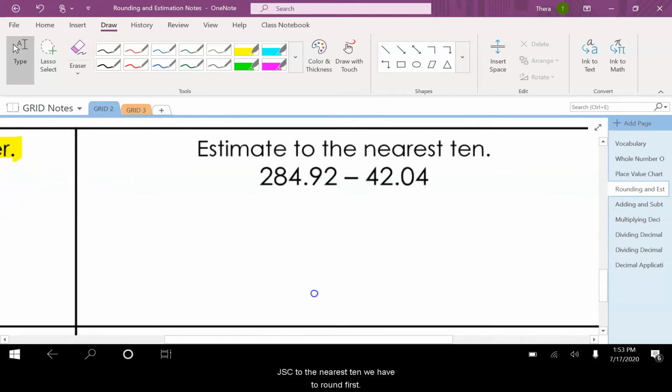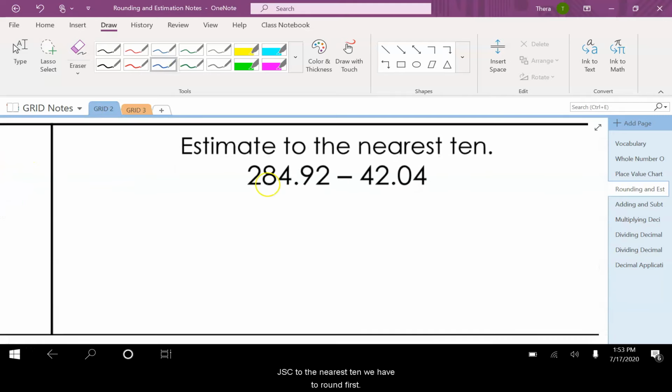Okay, estimate to the nearest 10. We have to round first. We're finding the digits in our 10 place, highlighting the digits next to it on the right. This 4 tells us to stay the same. This 2 tells us to stay the same. And all of these can change to 0.